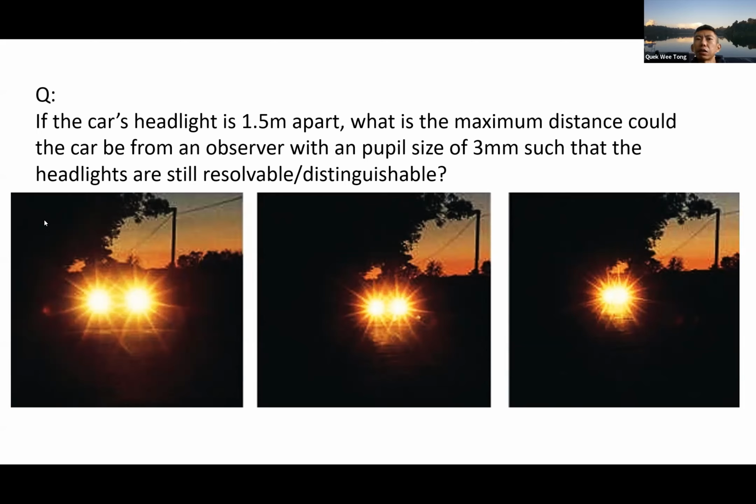We know by intuition that when things are too close, we can't tell them apart. But in both examples that I just gave, whether it's two headlights or two dots on the blackboard, the gap between them didn't change, yet when you are further and further away, you can't tell them apart.